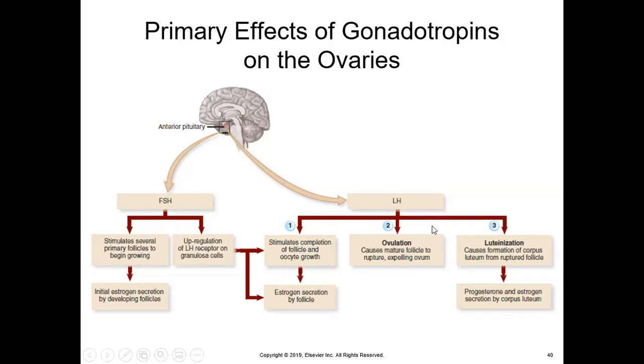So after ovulation, a corpus luteum that was surrounding the egg is formed, and then that corpus luteum starts producing its own progesterone and estrogen. And now that egg is ready to actually be fertilized, and then it will continue the process and stimulate the uterus to grow and get ready for implantation.